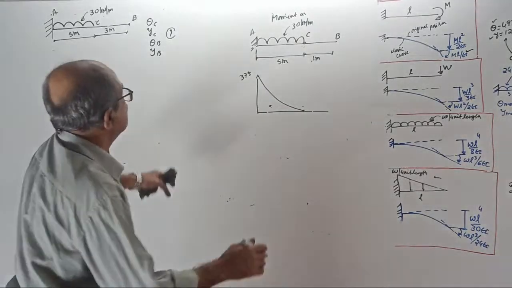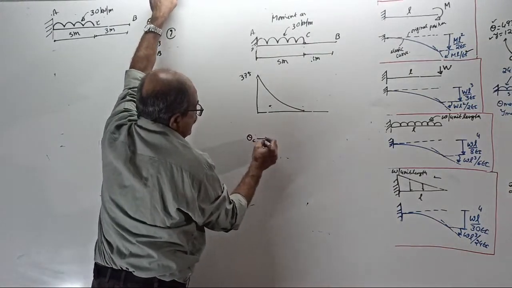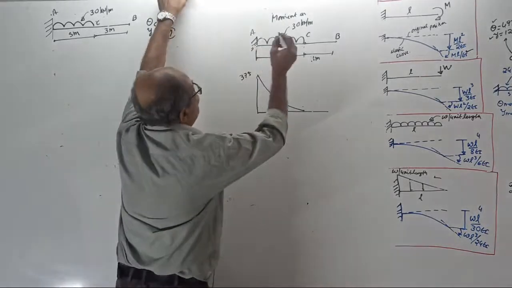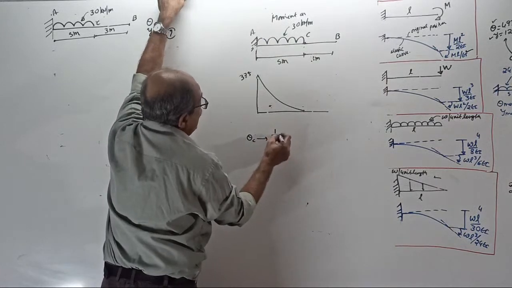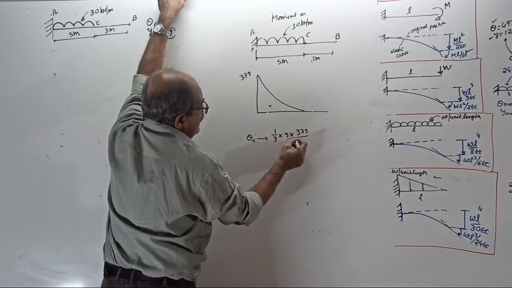Now, they want theta C. Area of the BM by EI diagram between C and A: 1/3 of 5 into 375 by EI.